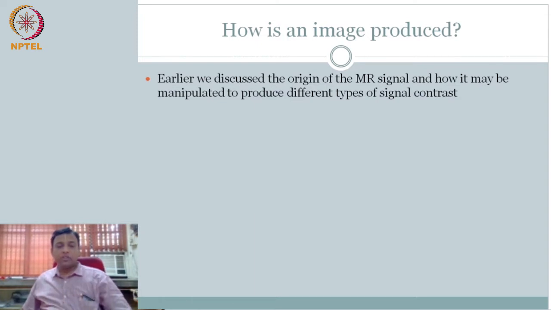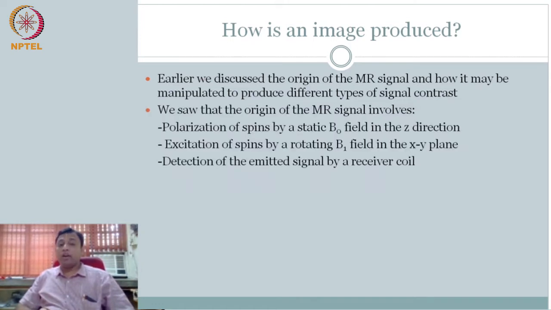So we would like to see how we are able to convert this knowledge that we have on the MR signal. And not only the MR signal, we also saw how it can be manipulated to get different types of contrast, right?